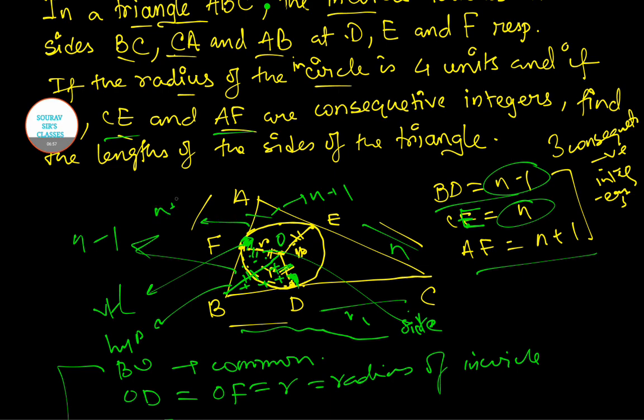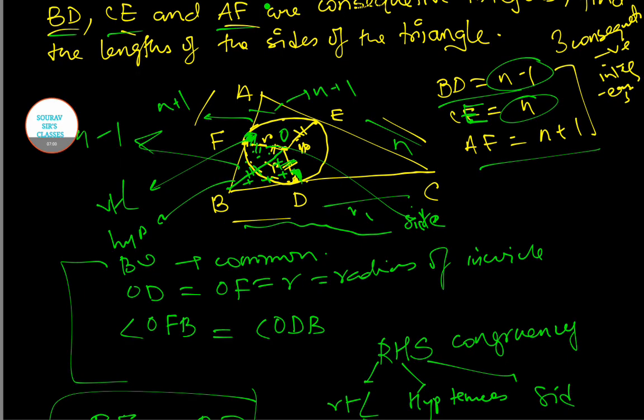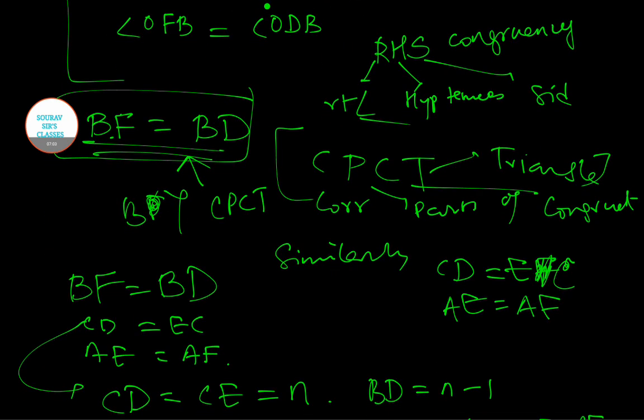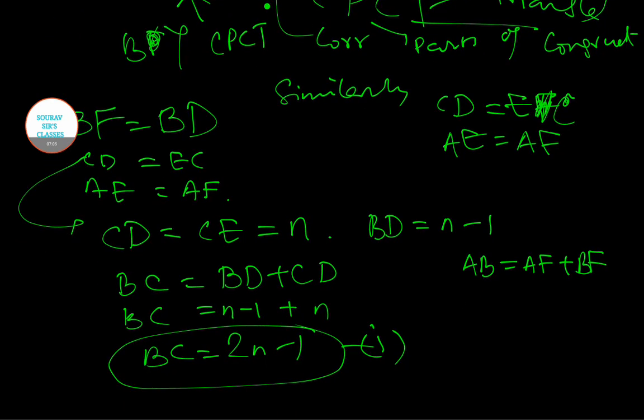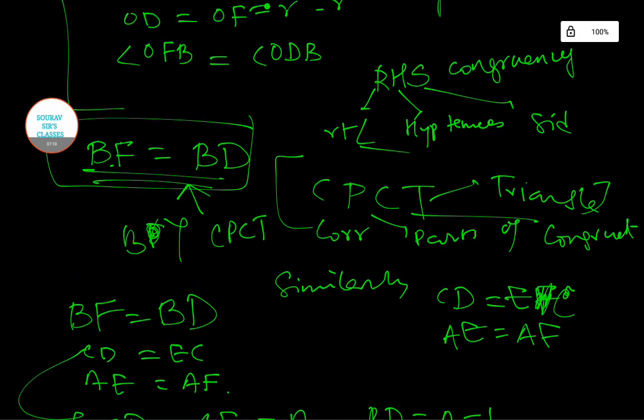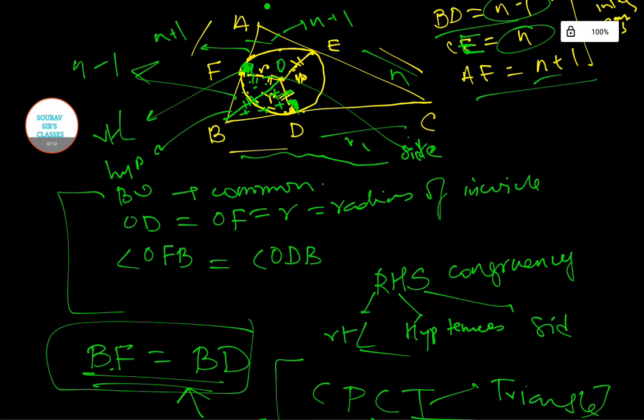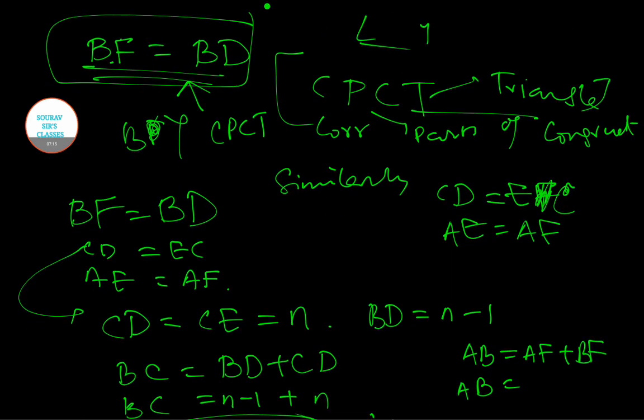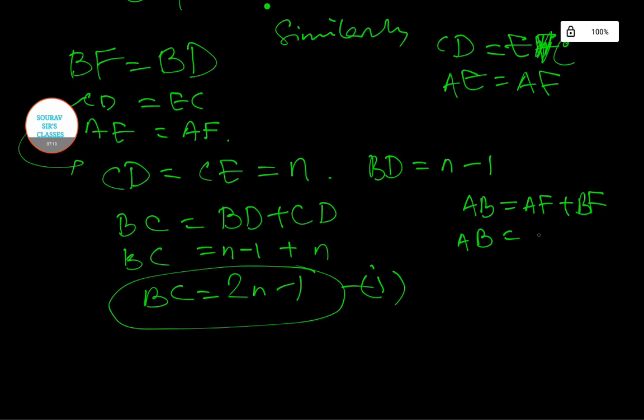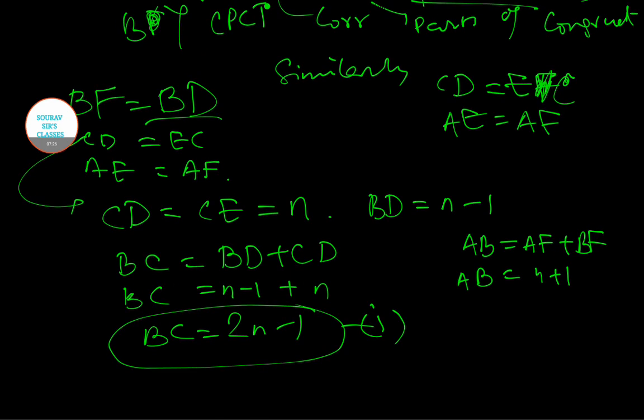Hence AB equals AF plus FB, which is n plus 1 plus n minus 1, so we have 2n.